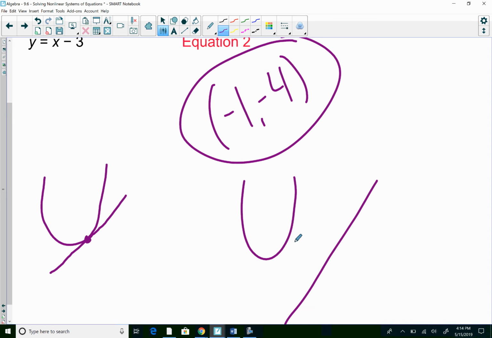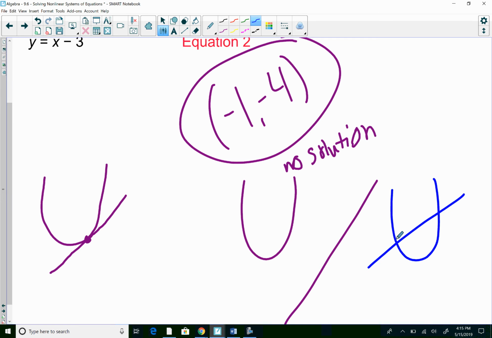These two never intersect, so there would be no solution. And then the last one is that there might be two solutions. So let's say your quadratic and your linear intersected twice. You would have two solutions. One solution right here and one solution right here.